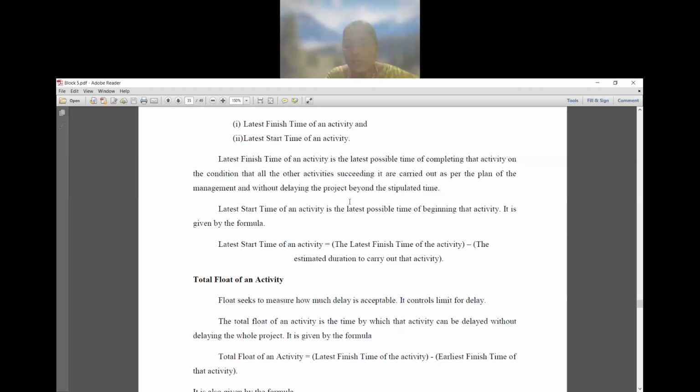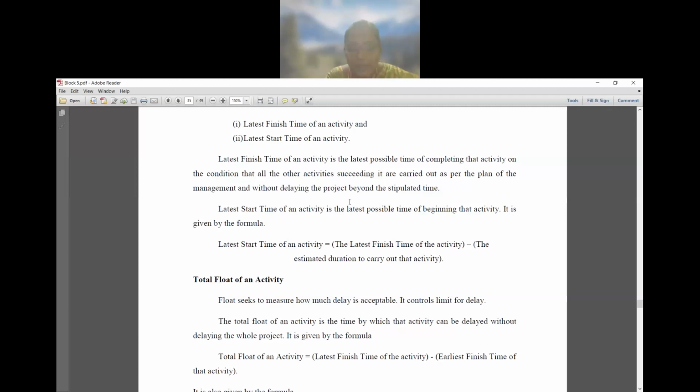For earliest, we have to add the start value plus duration. Whereas in the latest time, we have to find the difference between the latest finish and the duration.